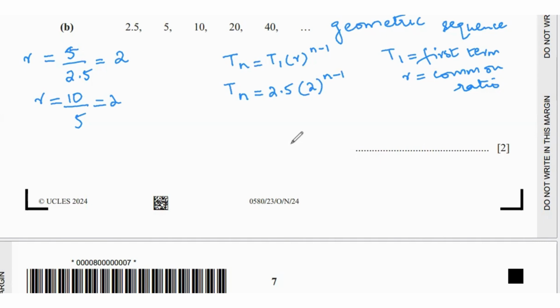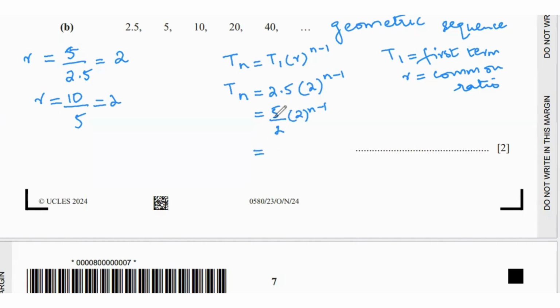Now, we can further simplify this by rewriting 2.5 as 5 over 2. Now, if you remember the rules of indices, if we move a number from the numerator to the denominator or vice versa, the power changes sign, like if it's positive, it becomes negative.